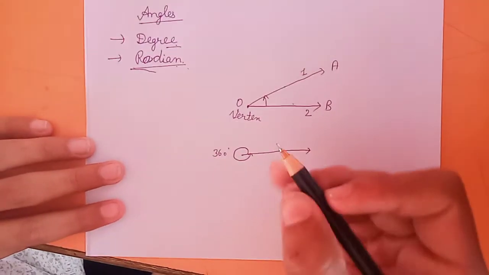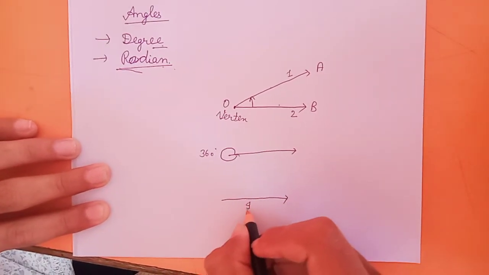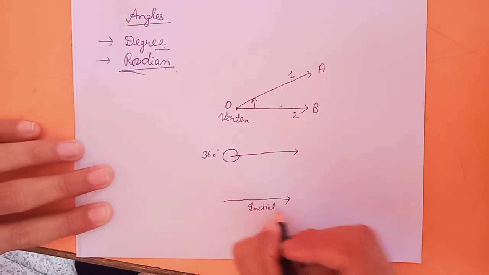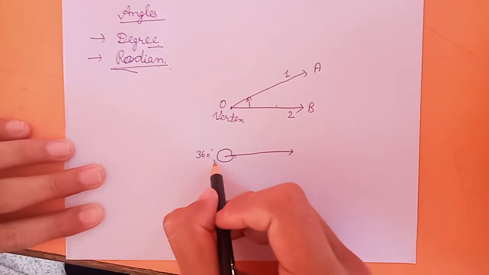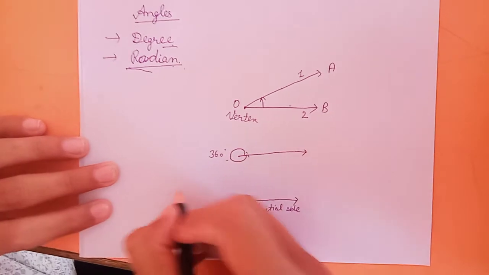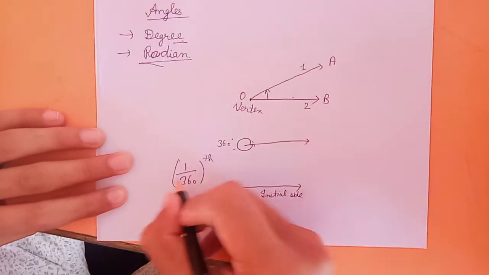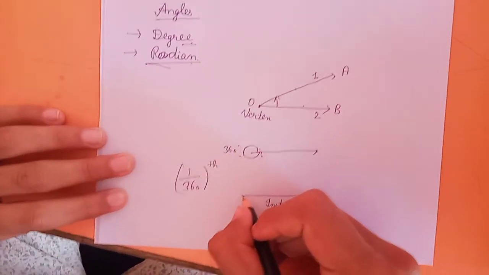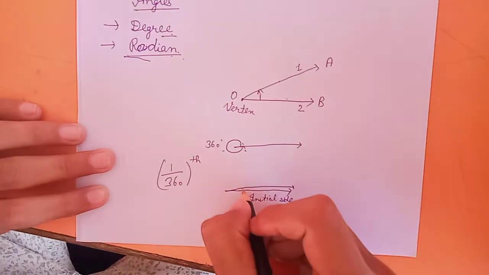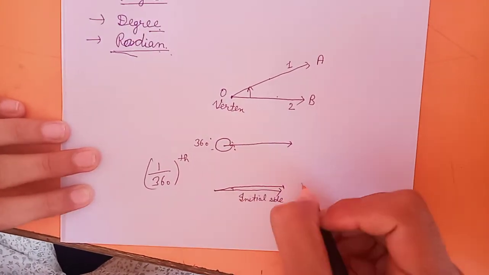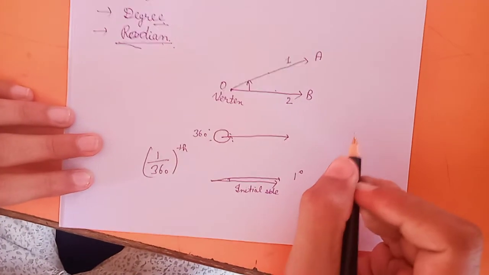Now what is 1 degree? 1 degree is when the initial side forms 1 by 360 of this complete angle, meaning a very small angle, that will be this, and that is called 1 degree. Do you understand it? I hope yes.